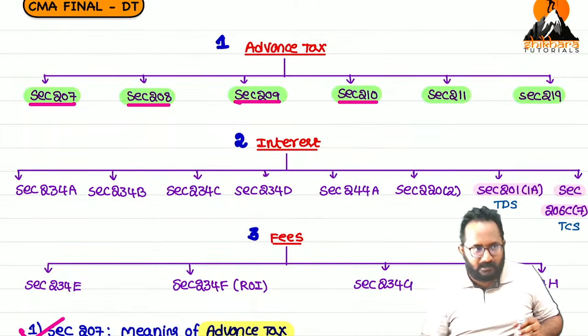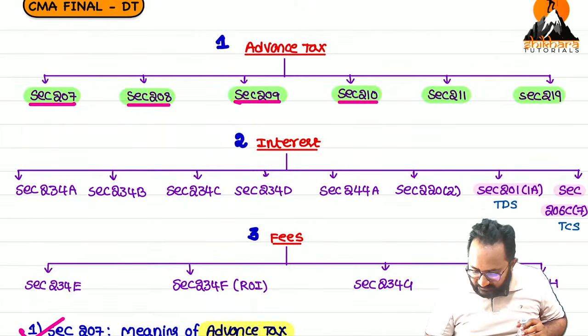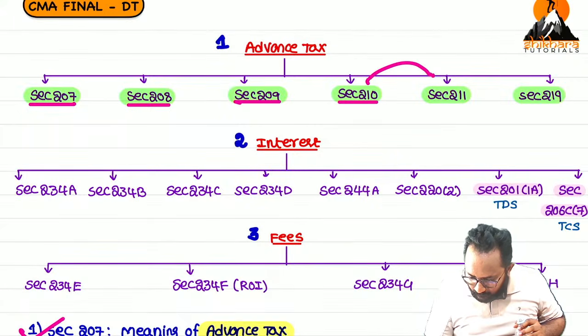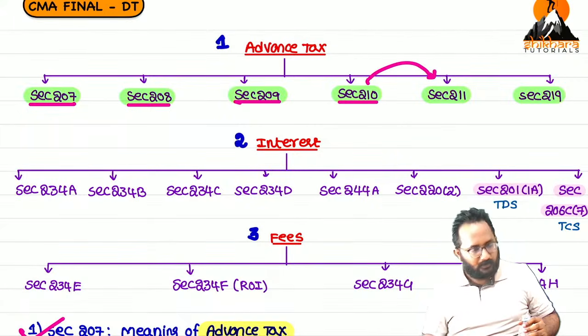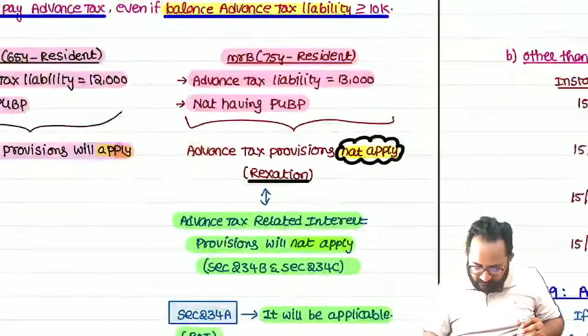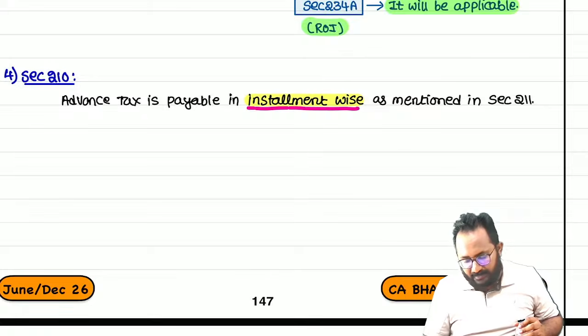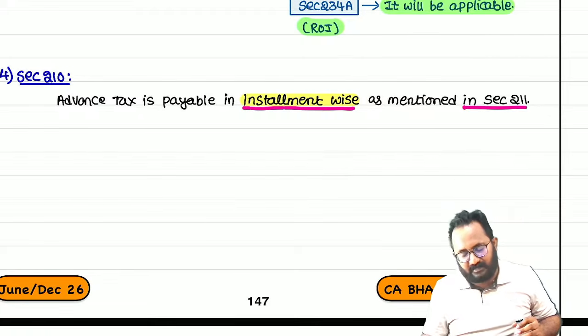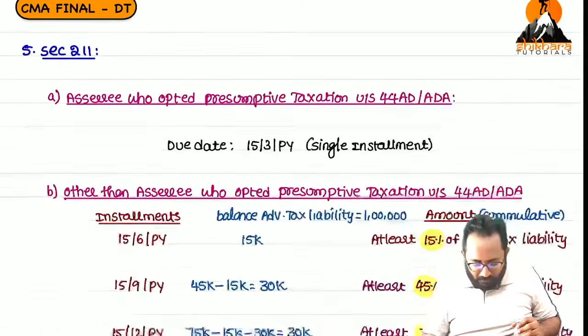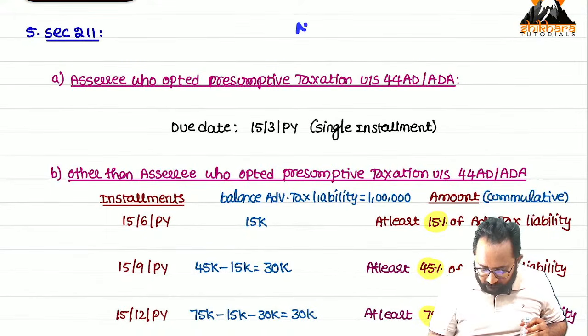In installment basis. That installment is defined in which section? 211. Those installments are given in which section? 211. So you have to pay advance tax installment wise. Those installments are mentioned in which section? 211. 211 is important from an MCQ point of view. Listen carefully.